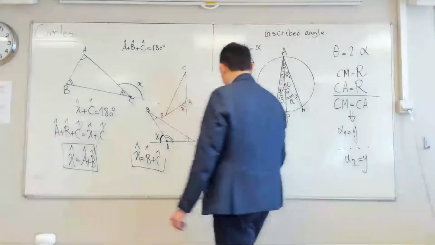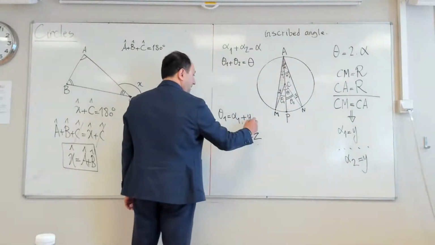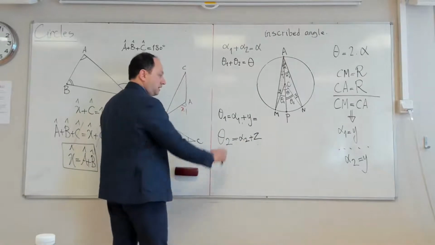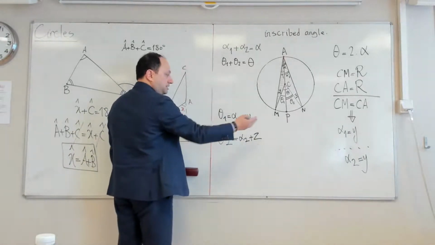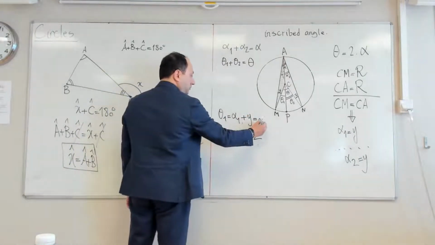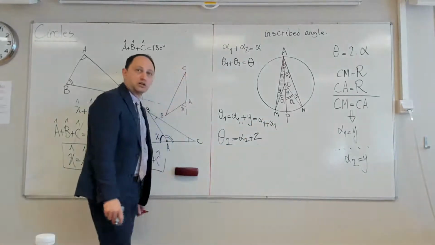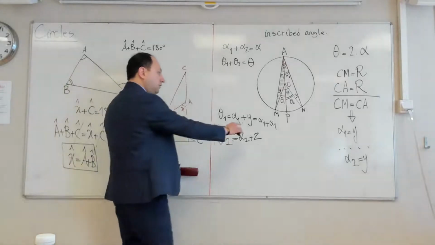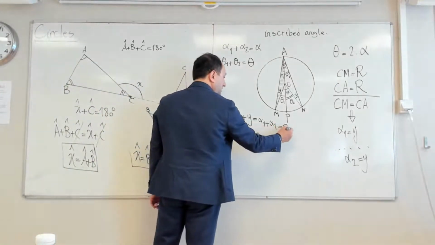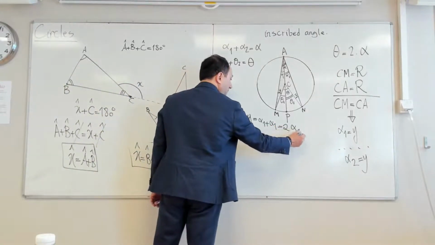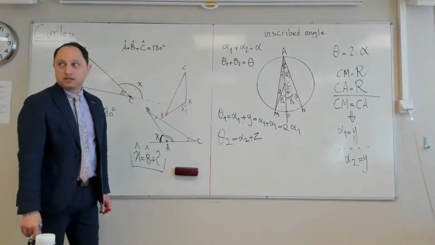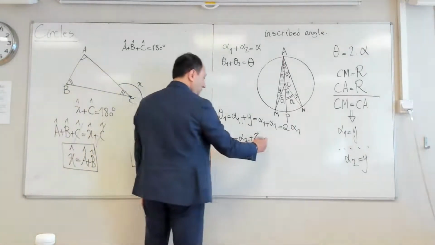So now what can I do here? I can go back and write it a little bit better. Alpha 1 and y are the same thing. So I can write alpha 1. Instead of y, I can write alpha 1 again because they are the same. But alpha 1 plus alpha 1 is nothing except 2 times alpha 1. Yes? And I have the same scenario here.